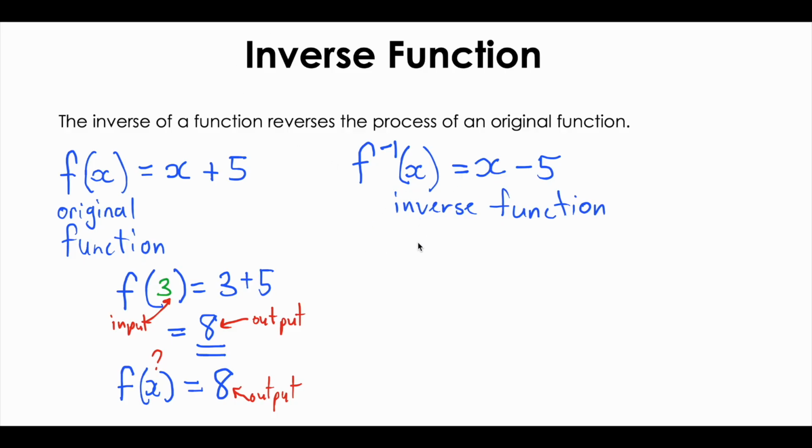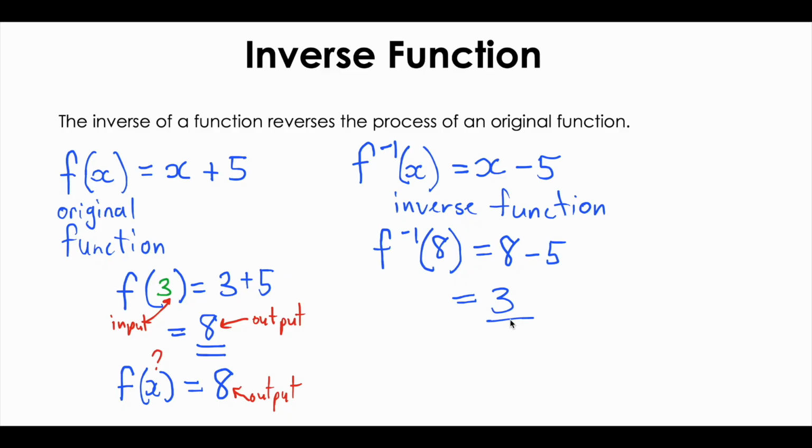Alright, so in this case, I know that the output for this function was 8. So let's use it as the input because we're trying to reverse the process. So because I'm trying to reverse the process, I'm looking at the output I got, which was 8. So when I put it inside here, I'll have 8 minus 5. So 8 minus 5 is 3.